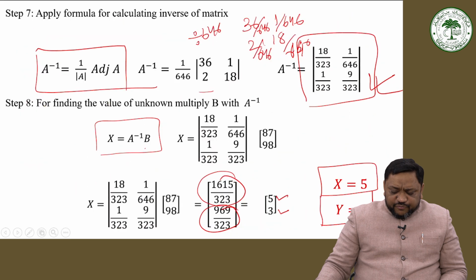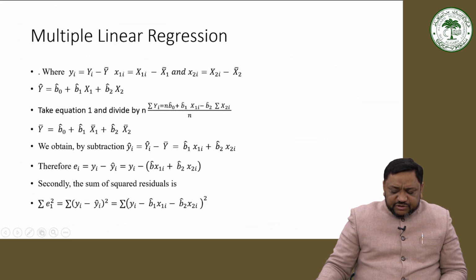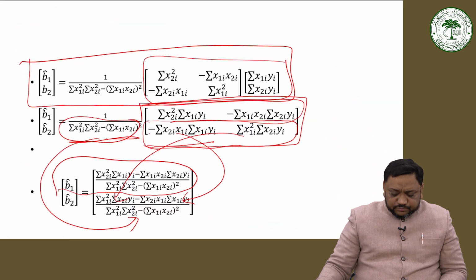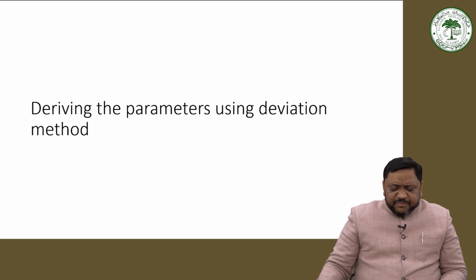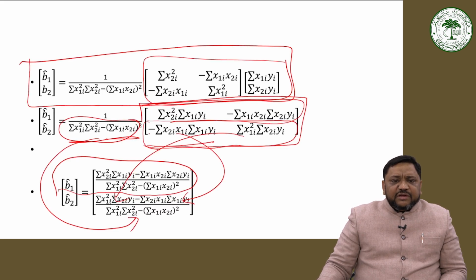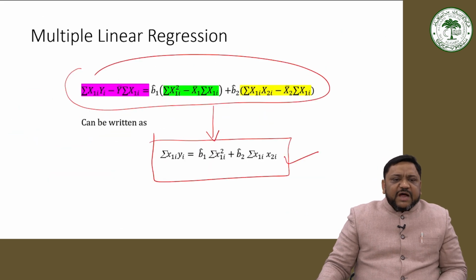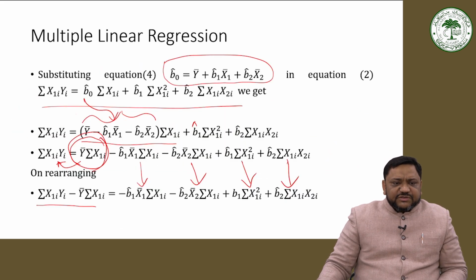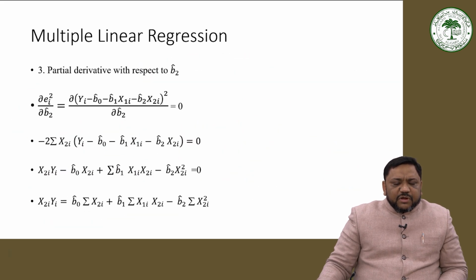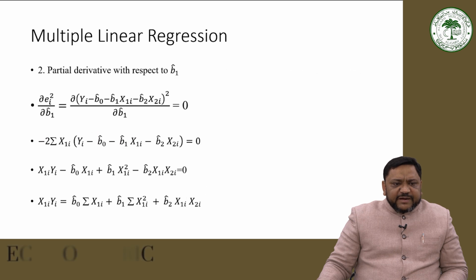So now we have done with the derivations of b1 and b2. What we did was we started with the normal equations. We took the error term.